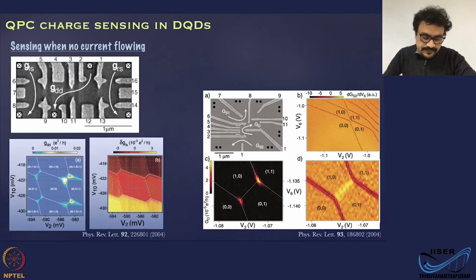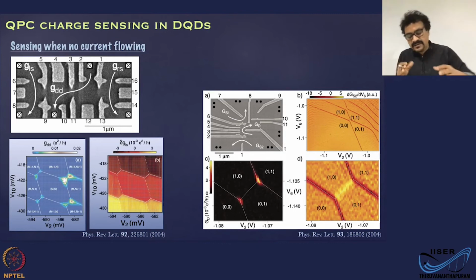Now, here are a couple of examples where the charge sensor is used for characterizing the double quantum dot. When we discussed the double quantum dot, we went through the charge stability diagram, which is the current through the dot or conductance of the dot as a function of two gate voltages.